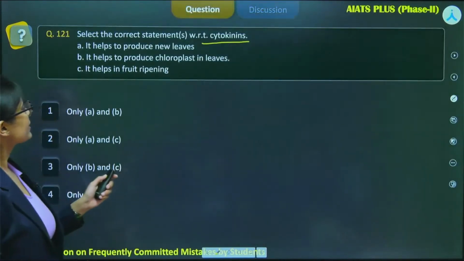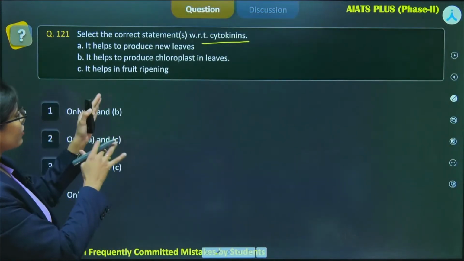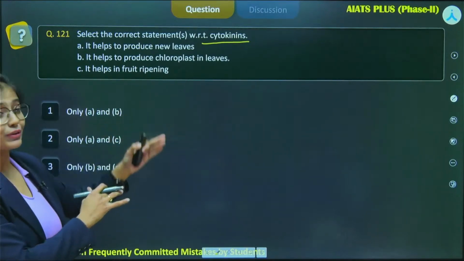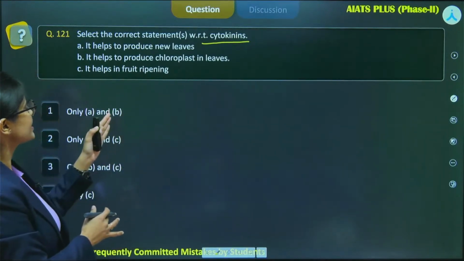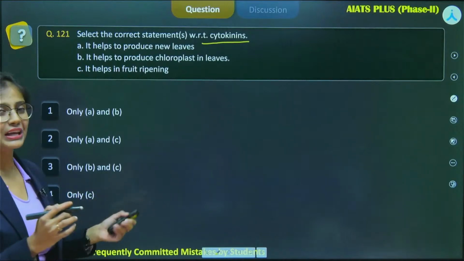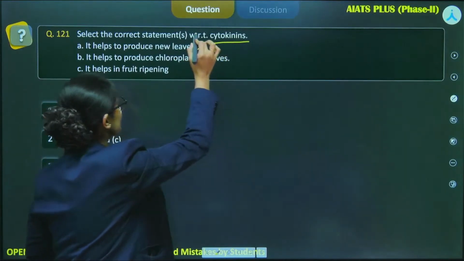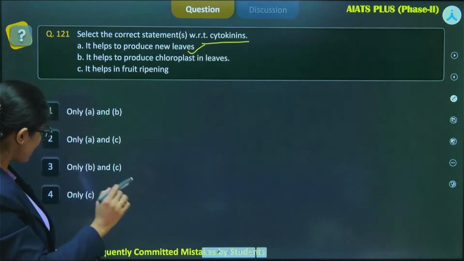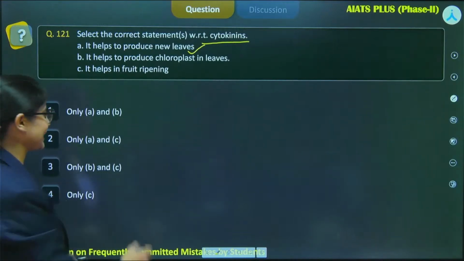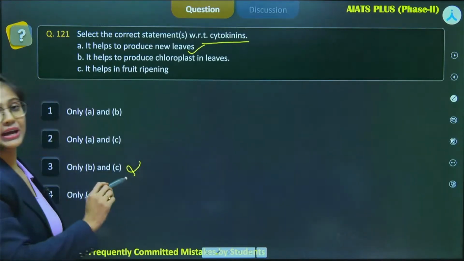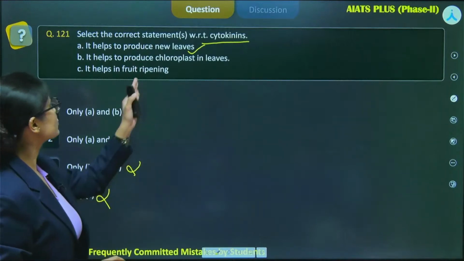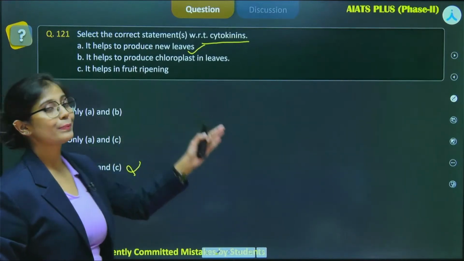Now let's get back to the question. The question is asking to select the correct statement with respect to cytokinin. The first feature is that it helps to produce new leaves. So yes, it is absolutely true. So here I have to rule out the options which do not contain A. So 3 and 4 get directly ruled out. Next one is, it helps to produce chloroplast in leaves.